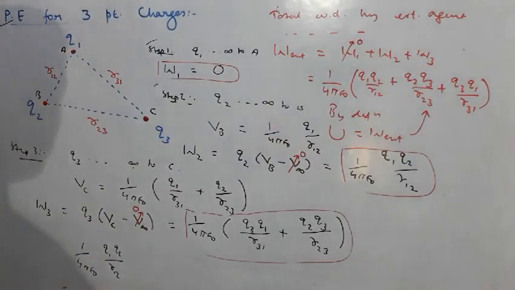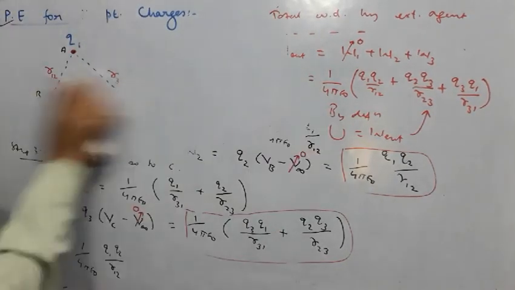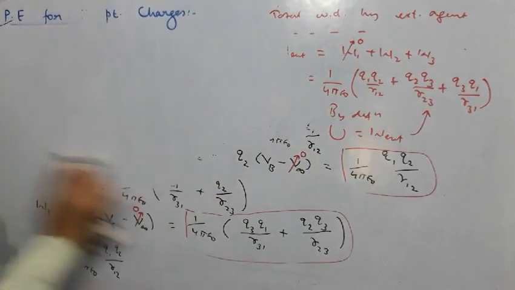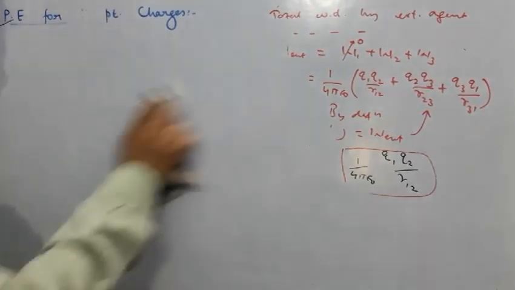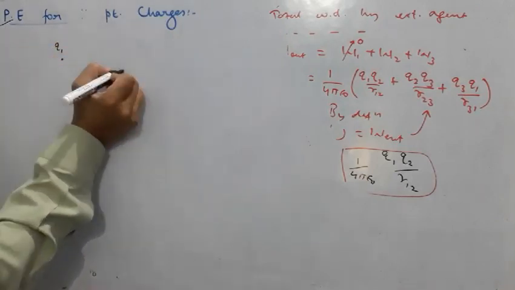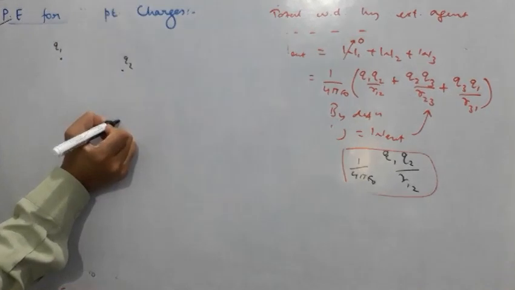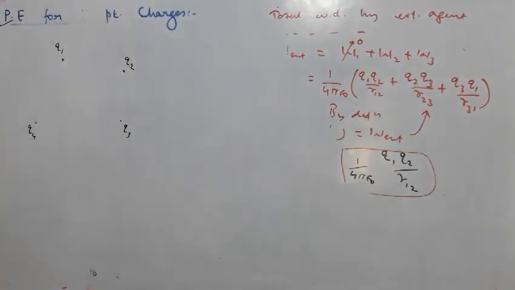If we have understood this, then instead of 3, if we have 4 charges, can you guess what should be the expression for potential energy due to these 4 charges? Suppose I give you a situation like so. Q1 is here, Q2 is here, Q3 is here, and Q4 is here. And these separations are given to you.